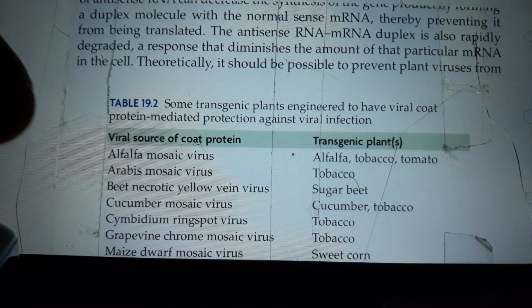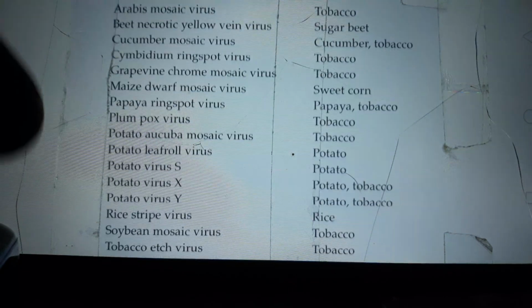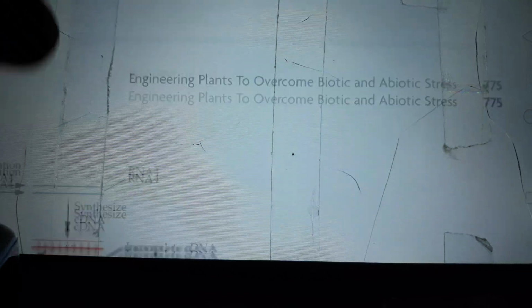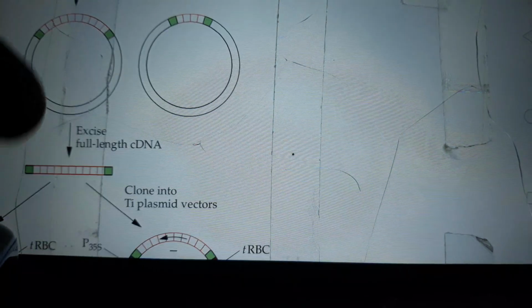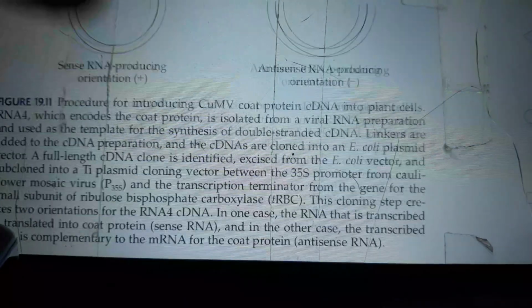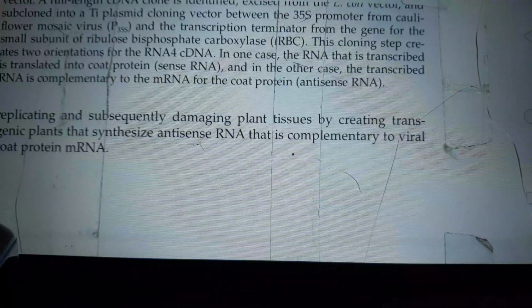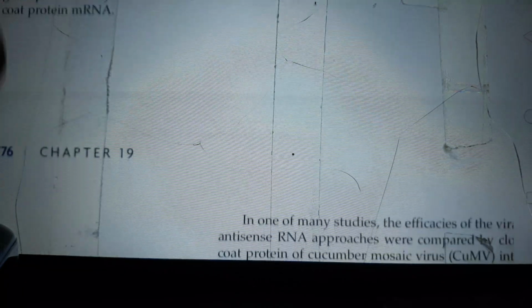Theoretically, it should be possible to prevent plant viruses from replicating and subsequently damaging plant tissues by creating transgenic plants that synthesize antisense RNA that is complementary to viral coat protein mRNA.